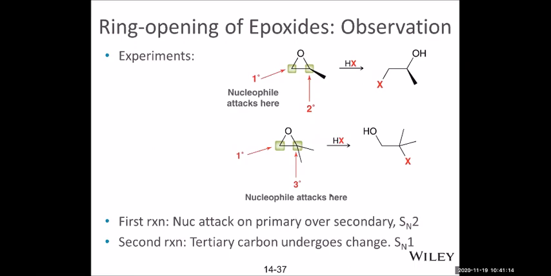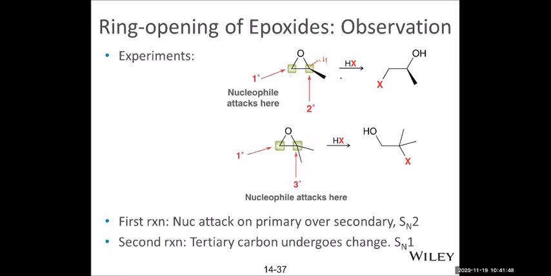But when you have this, we find something strange with the acidic ring opening of the epoxide. The first epoxide, you have this one's primary carbon, and this carbon is secondary because there's one hydrogen here. And when the reaction happens in acidic conditions, in the first step the proton goes on the oxygen, making it protonated, and then the halide will attack.